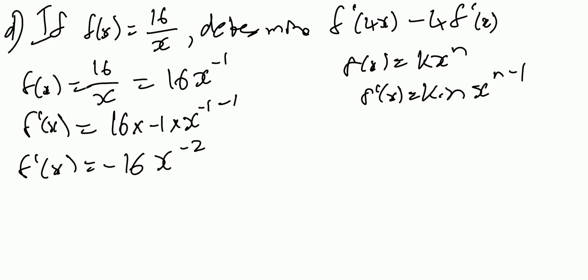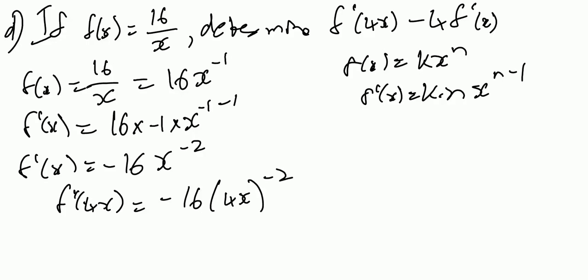F prime 4x, remember it was f of x. So now they're saying f prime 4x. That means where we see x, we are going to write 4x. Let's find f prime 4x. Where we see x, we write 4x in f prime. That means it's minus 16 into 4x to the power negative 2.